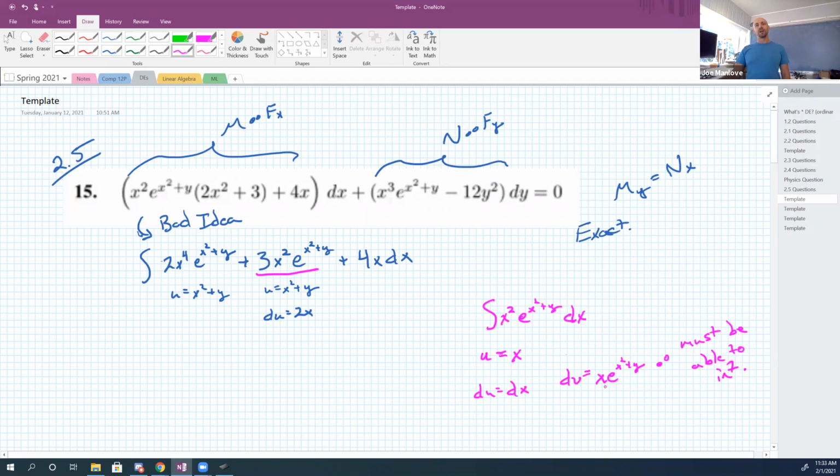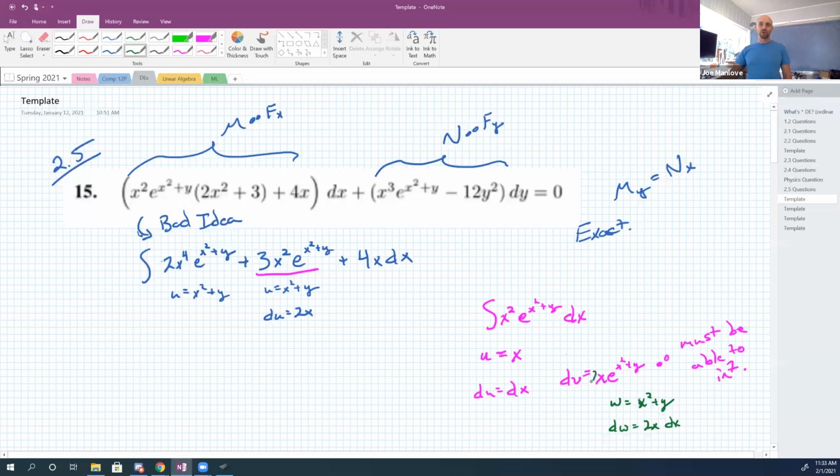All right, so if I integrate dv here, I'm going to do that by a quick little w substitution in the margin, right? So w is going to be x squared plus y, and then dw is going to be 2x dx, right?